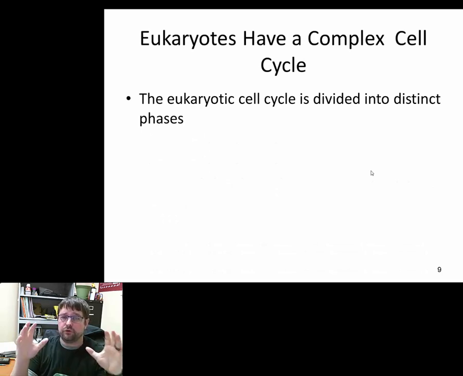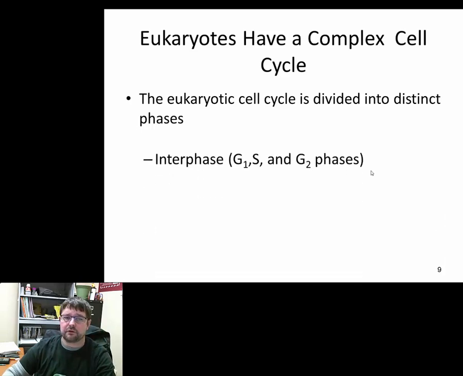Now, when eukaryotic cells divide, they divide through distinct phases. And most of you have probably heard some of the phases, but we're going to start with a phase that is now broken up. So when I was learning biology, we just called it interphase, and that referred to the first part of the cell cycle, or the main part of the cell cycle.